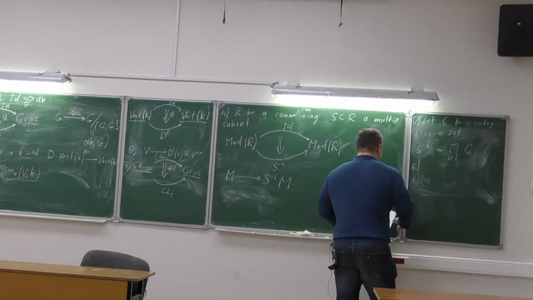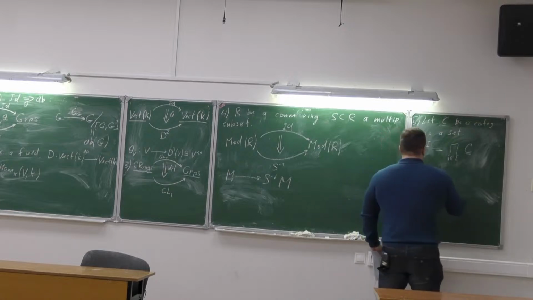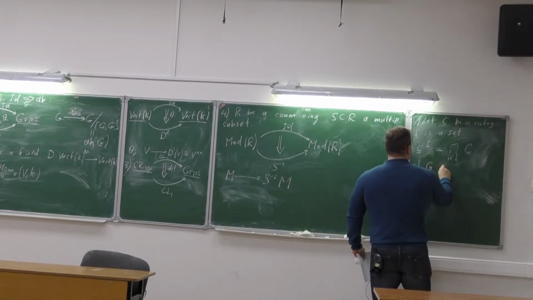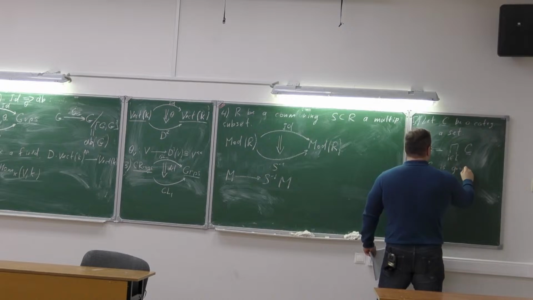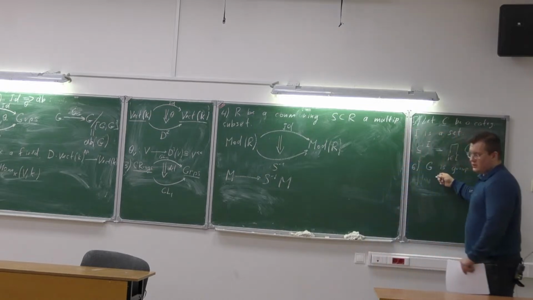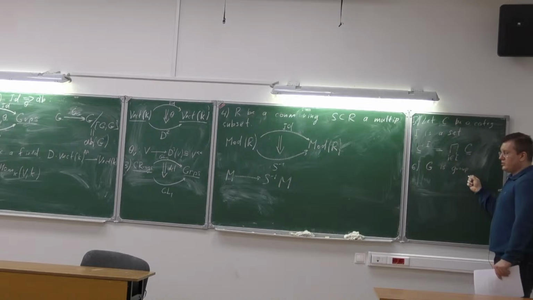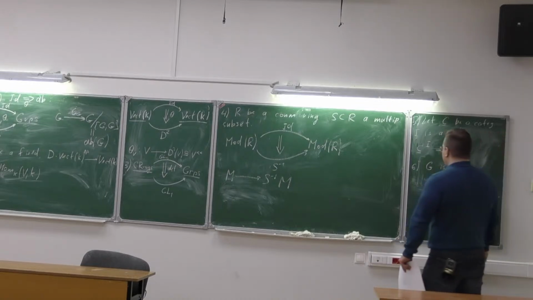Example 6, maybe a little bit more interesting. I want to say that G is a group, but the only reason to do this is that I'm hoping you're more familiar with groups than monoids. I can as well say that I have M, a monoid.